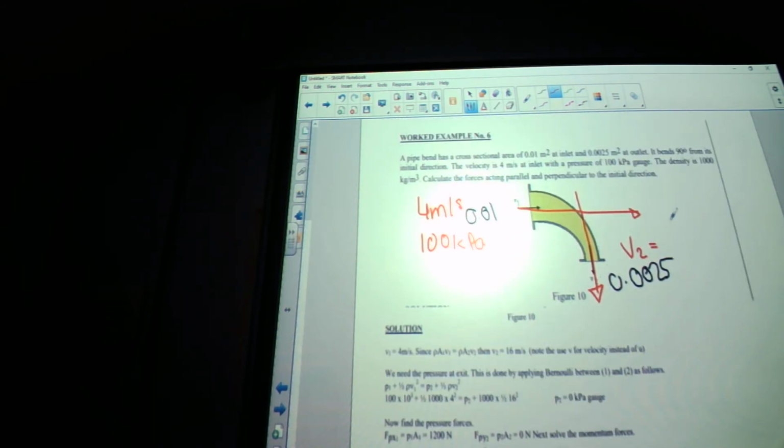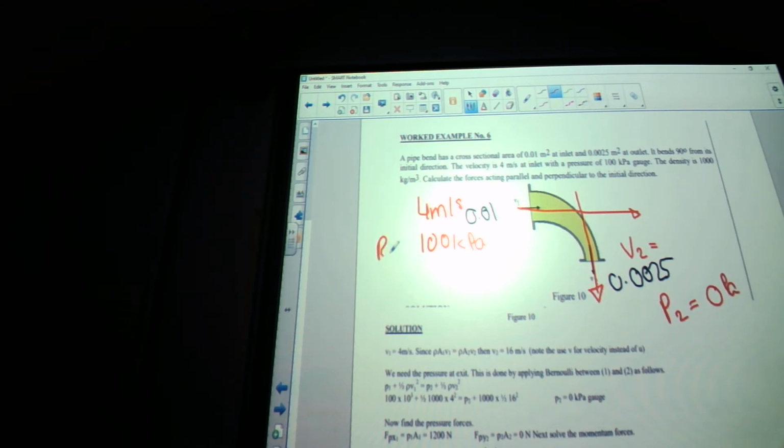Now the question is asking me to find the force acting parallel and the force acting perpendicular. What I need to do now is apply Bernoulli's equation. One thing you need to know is this is going to the outlet. So the pressure P2, I'm going to call it 0 Pascal.